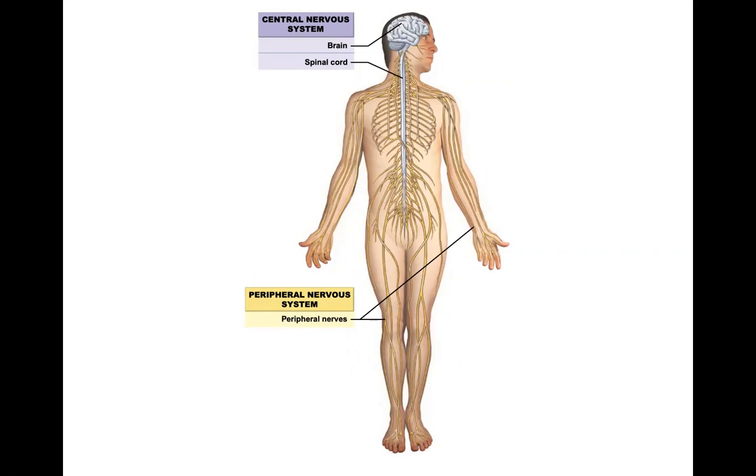And it's the seat of intelligence, memory, learning, and emotion. The peripheral nervous system is all of the cranial nerves and the spinal nerves that travel through the body. They provide sensory information to the central nervous system. That's the afferent division. And the efferent division carries motor commands away from the central nervous system.